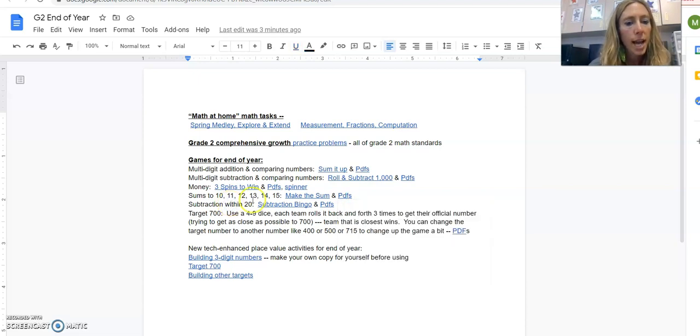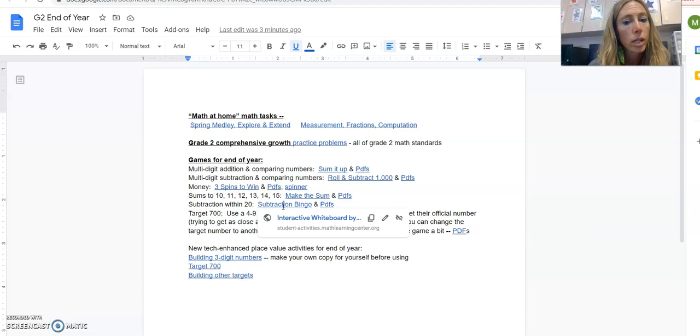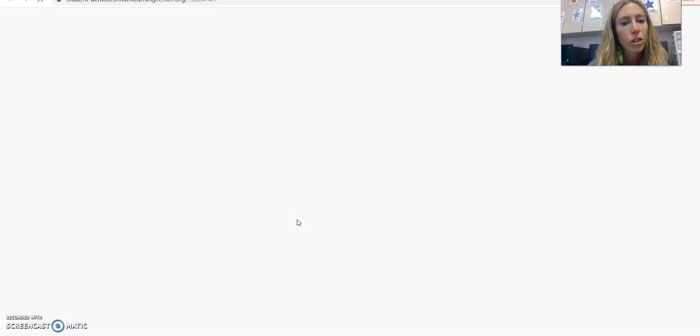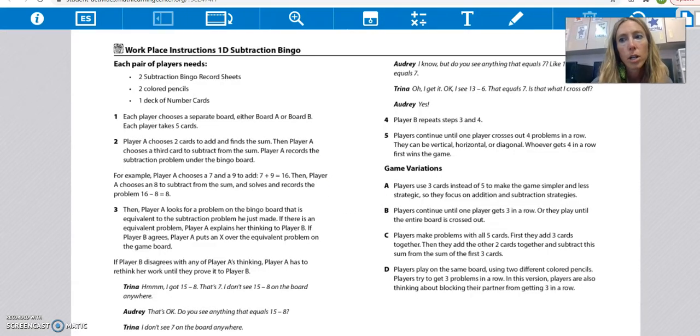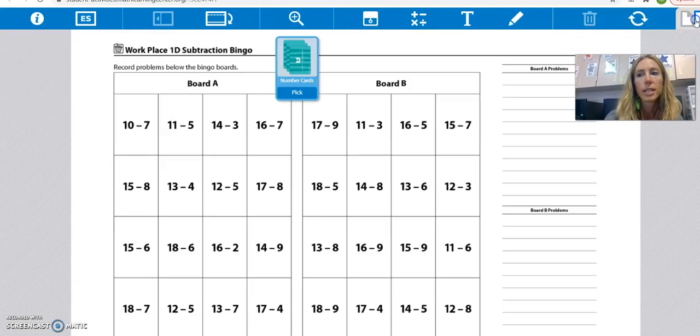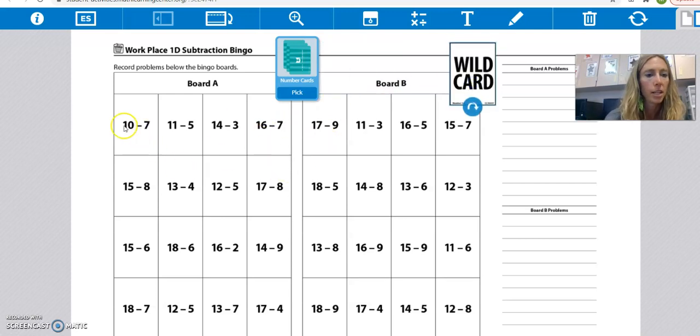Subtraction, if you want that, there's some subtraction bingo from Bridges. This one only has 2 game cards, just to make note of this, so a kid either has board A or board B. When you pick a card, a wild card would be whatever you want it to be, so it could be the answer to 10 minus 7, which is 3.